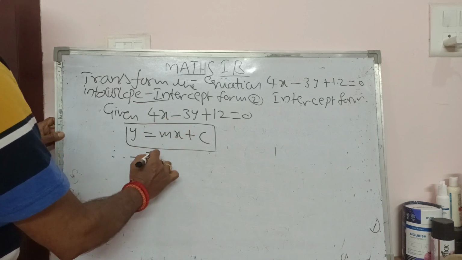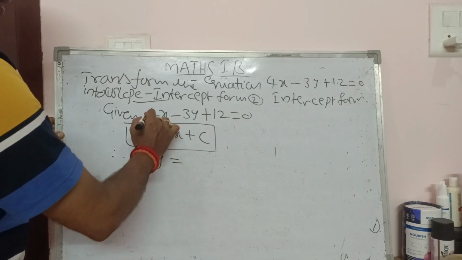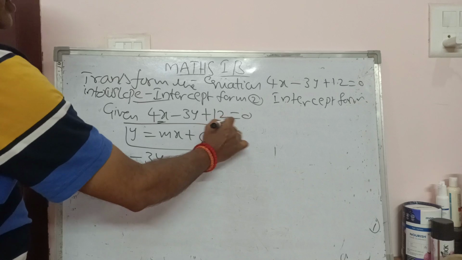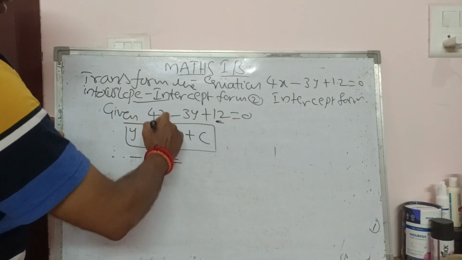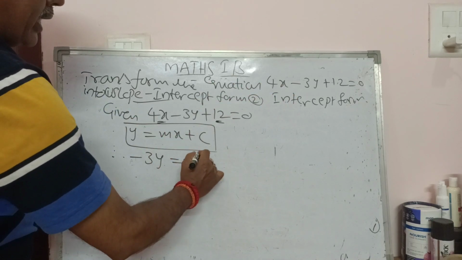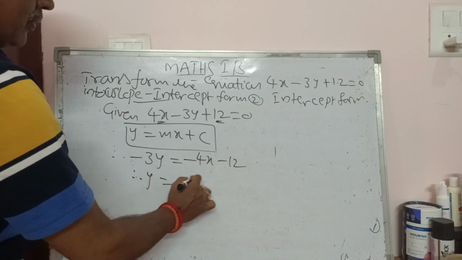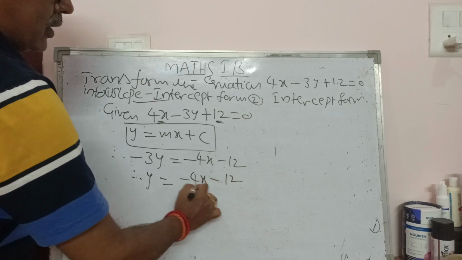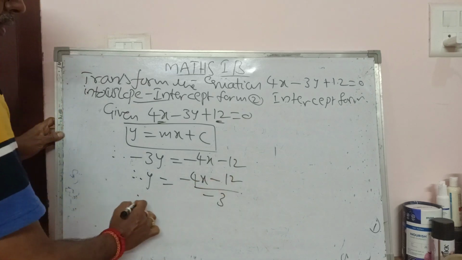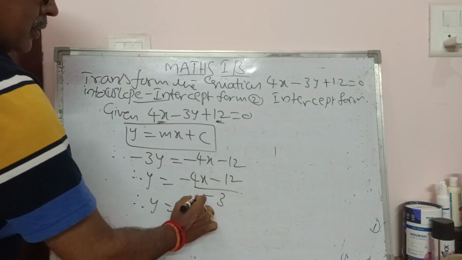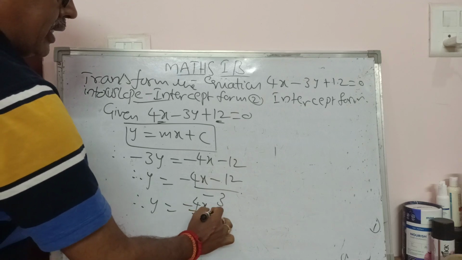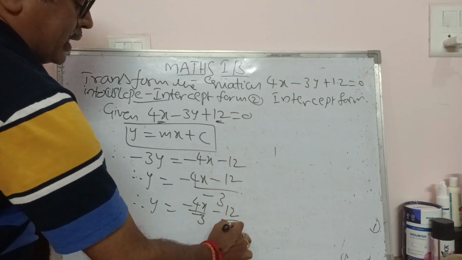Therefore, minus 3y is equal to, let us bring these two quantities to the right side, thereby it becomes minus 4x minus 12. Therefore, y is equal to minus 4x minus 12 by minus 3. Therefore, y is equal to minus 4x by minus 3 minus 12 by minus 3.